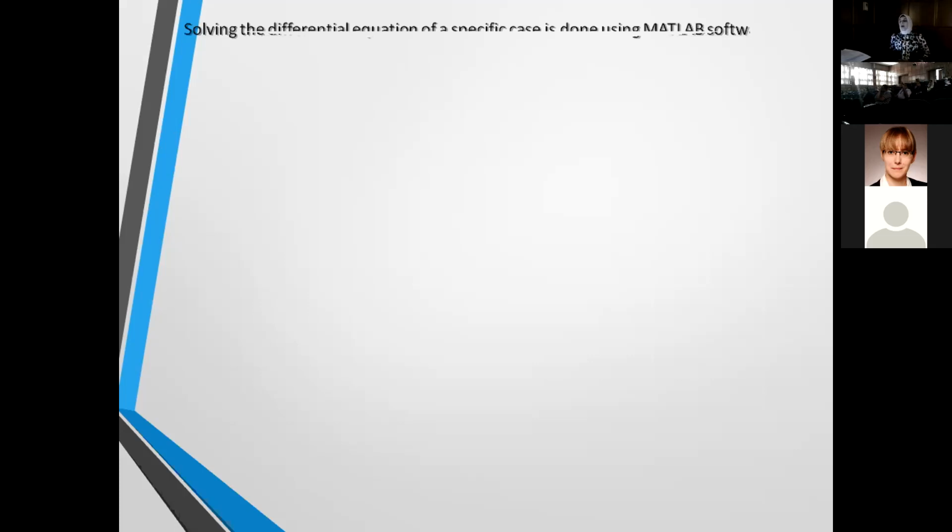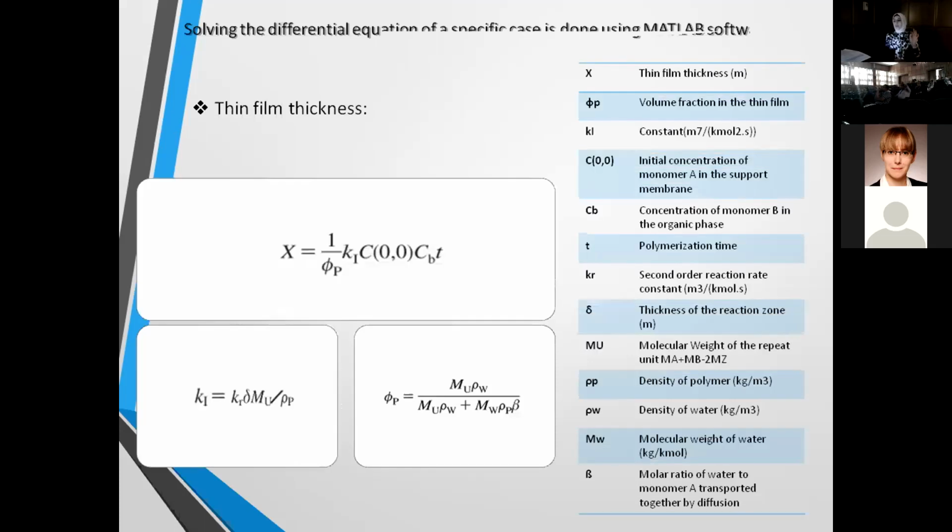For solving the relationship between polymerization time and thin film thickness of the interfacial polymerization, we use this equation. In this equation, X is the thickness of the thin film, and phi p is the volume fraction of the thin film, which can also be calculated by the equation below.